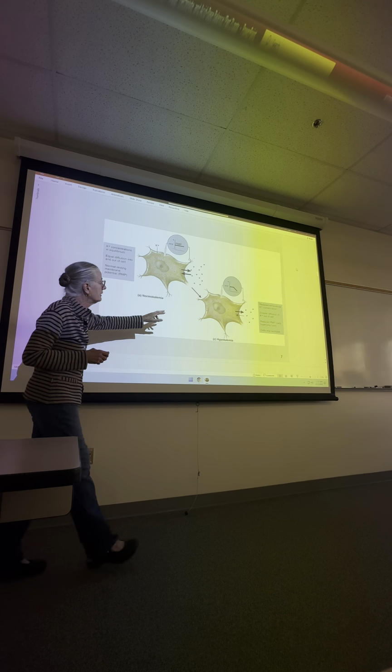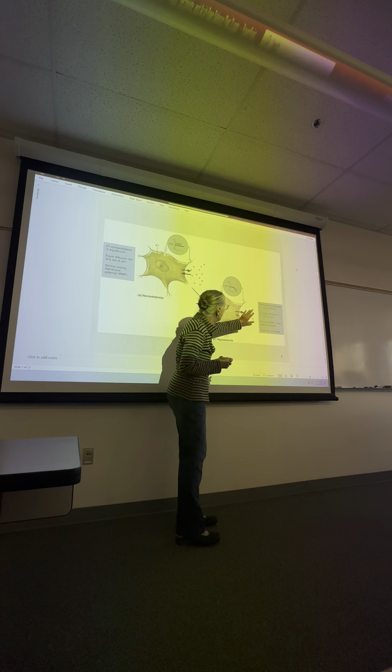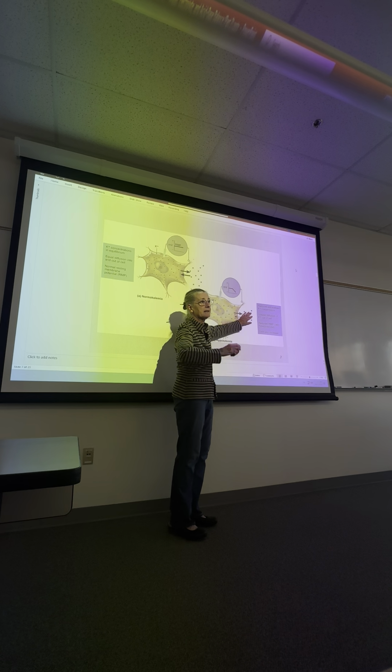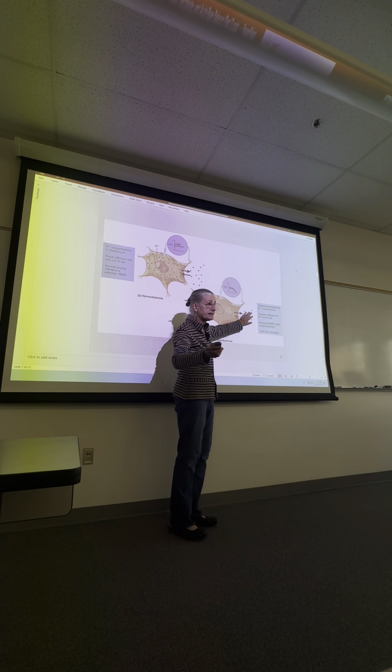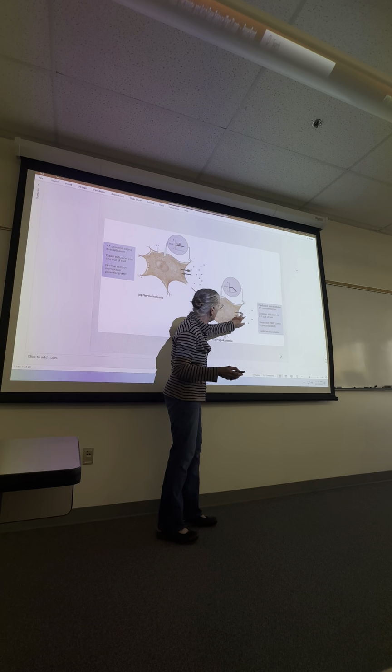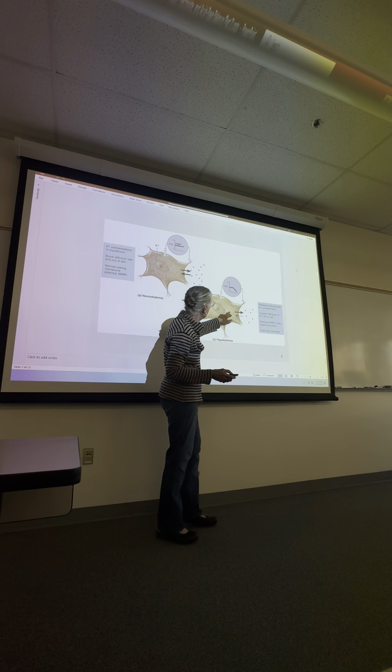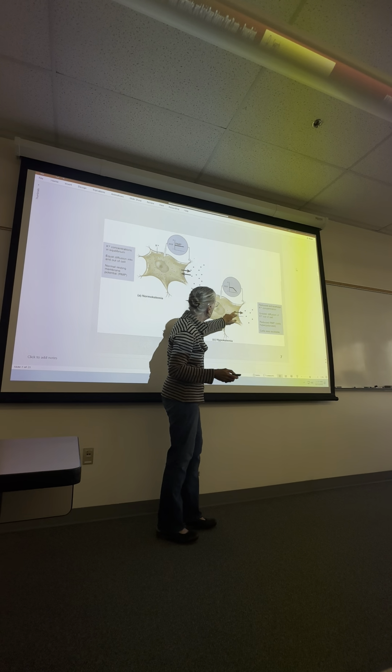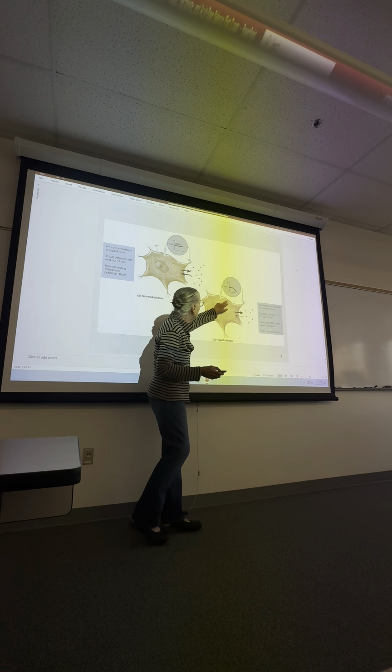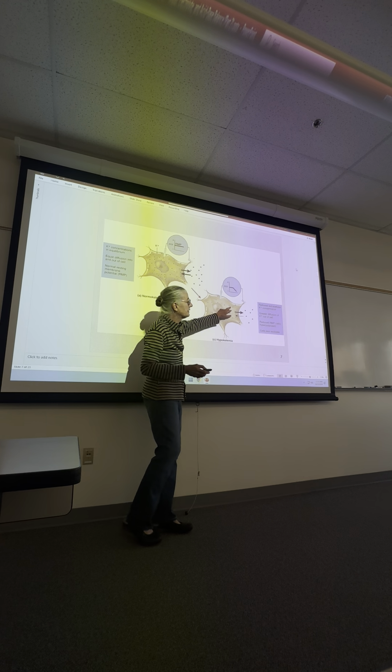If we have a loss of potassium from the extracellular fluid from vomiting, diarrhea, whatever the cause is, we're going to see a greater efflux of potassium from inside the cells. And this means that these cells are now not as positively charged.